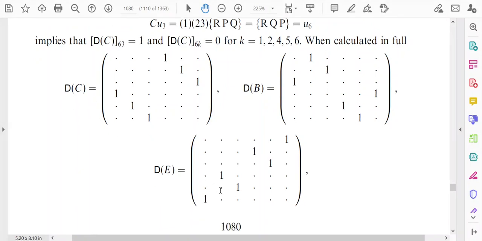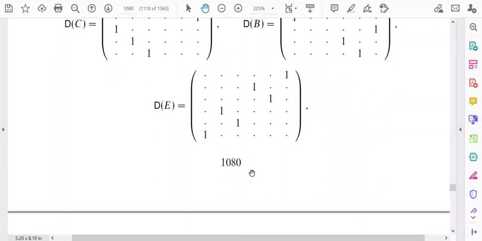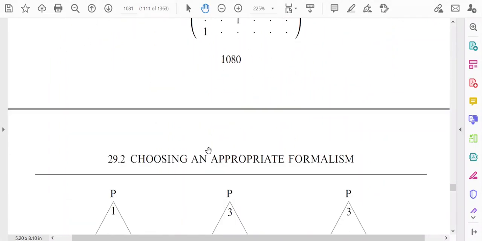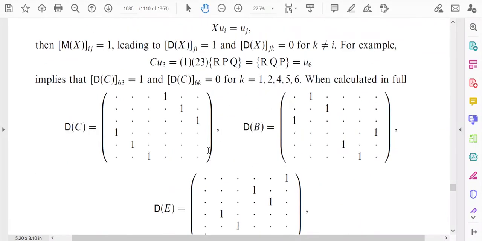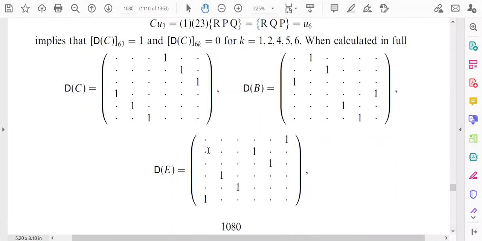Then if you check the multiplication table for this particular group G, as per the multiplication table, C into B is equal to E. But here you can also check that DC into DB will also be DE. So you will find that the same multiplication rule also holds in the case of representative matrices.